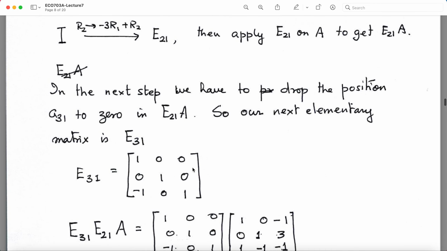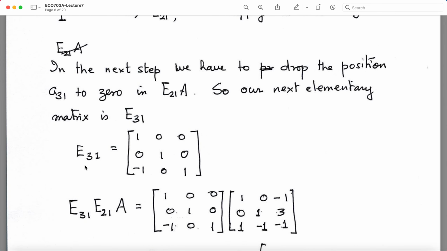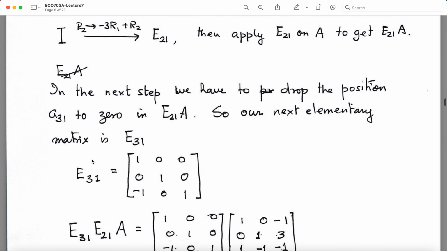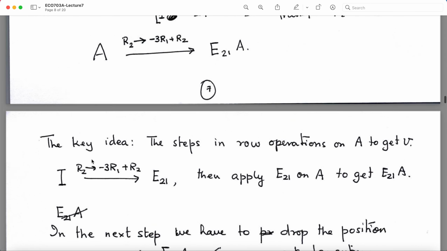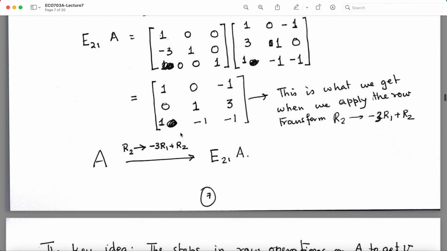So our next elementary step is to construct the matrix E31. If I look at this matrix, which is E21 A, and I want to drop this to 0, I have to multiply the first row with minus 1 and add it to the third row, and then I get a 0 here straight away, and I'll replace the third row with that.